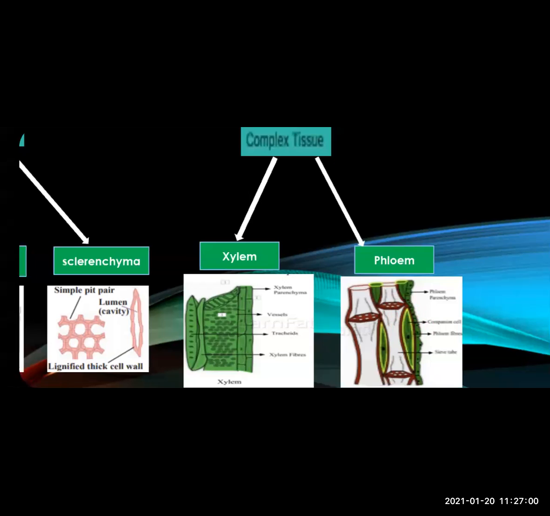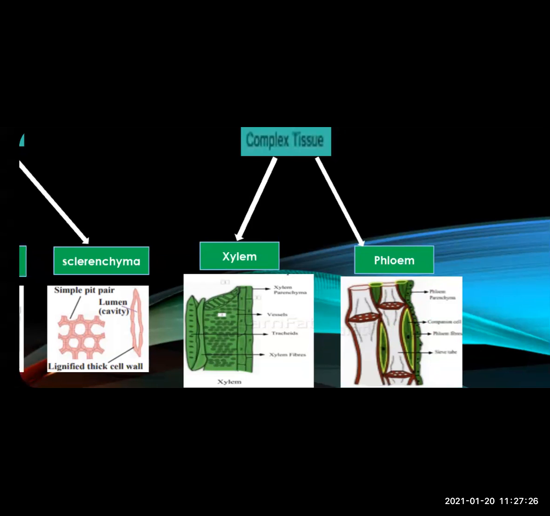Function of phloem is conducting the nutrients that are formed by the process of respiration and photosynthesis. So whatever is being synthesized in the leaves or the fruits and flowers is being transported with the help of phloem.